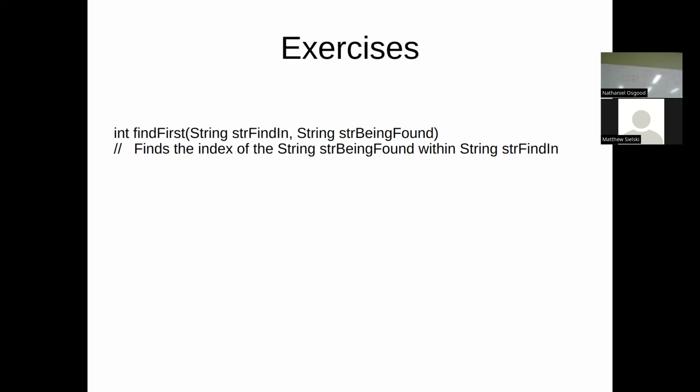It may mean making somewhat arbitrary choices, like is the first index 0 or 1? Would the start of str find in be called index 1, meaning it's found at the very beginning, or do I call it index 0? That's somewhat arbitrary, although you want to make it consistent with use throughout your system.